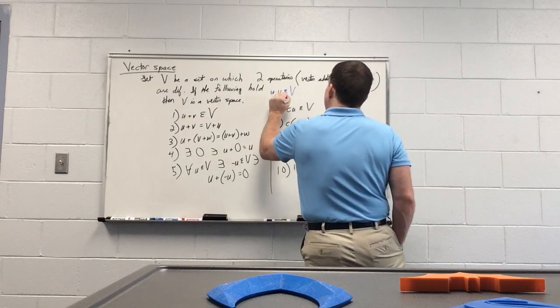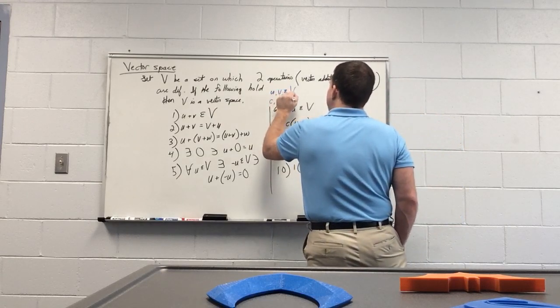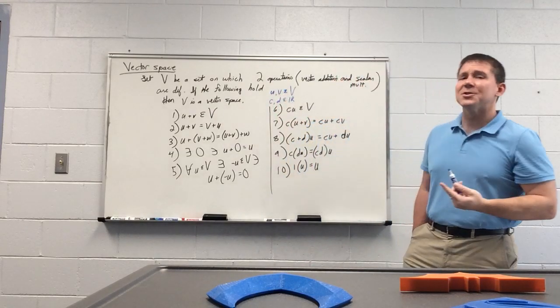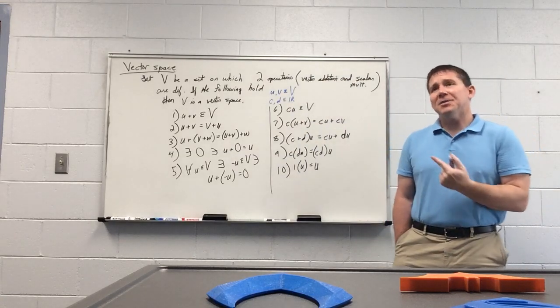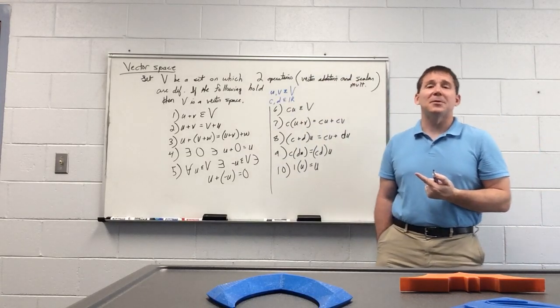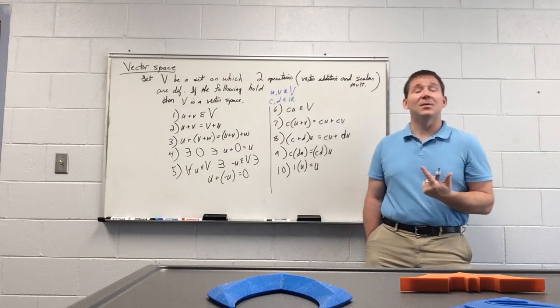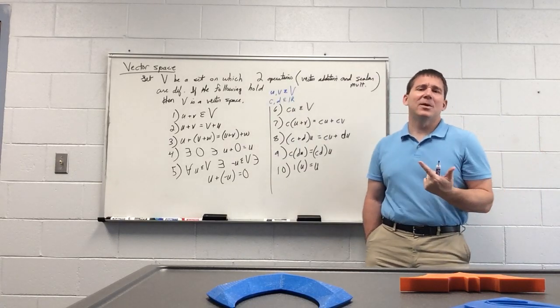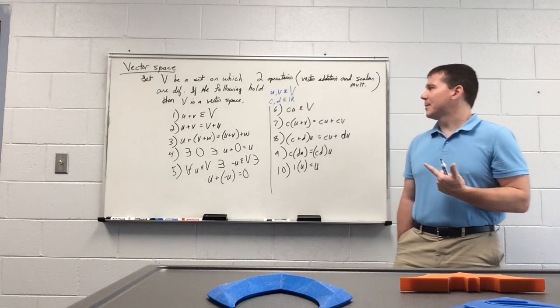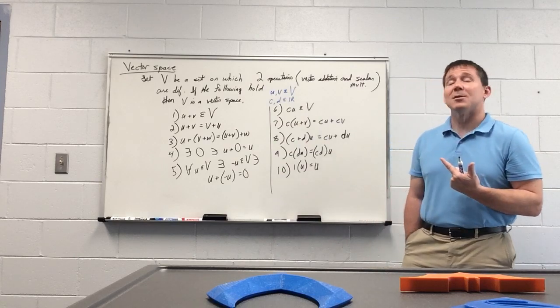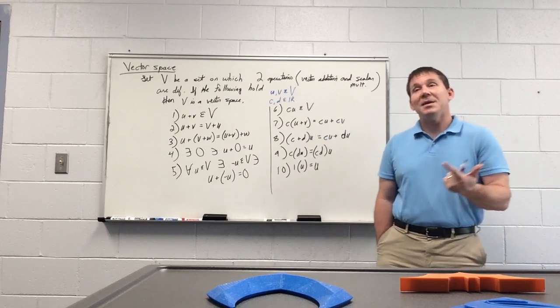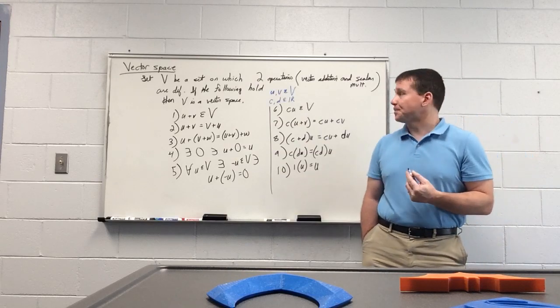Yeah, c and d are elements of R. They're just scalars. And generally speaking, when you say scalars, you're talking about the real numbers. In theory, you could define them differently. But for the purpose of everything we're doing, just assume when we talk about scalars c and d for our scalar multiplication, we mean real numbers.